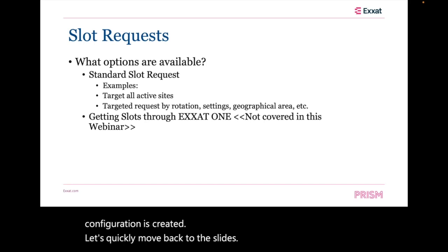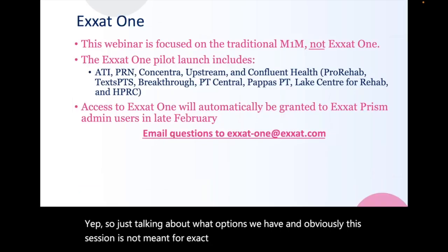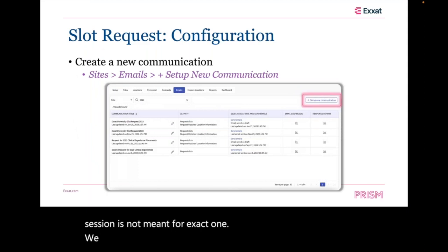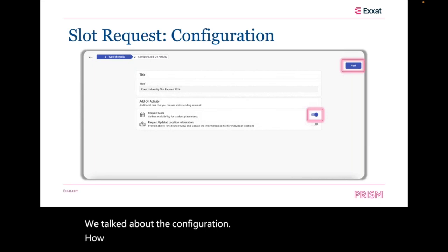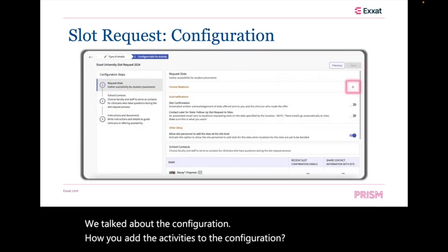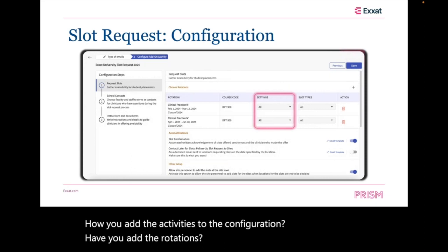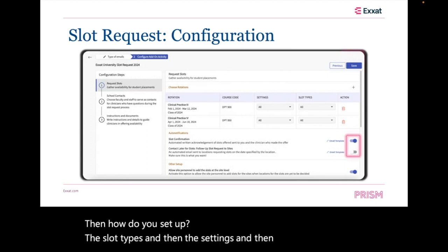So just talking about what options we have, and obviously this session is not meant for exact one. We talked about the configuration, how you add the activities to the configuration, how you add the rotations, then how you set up the slot types, and then the settings and the auto notifications.